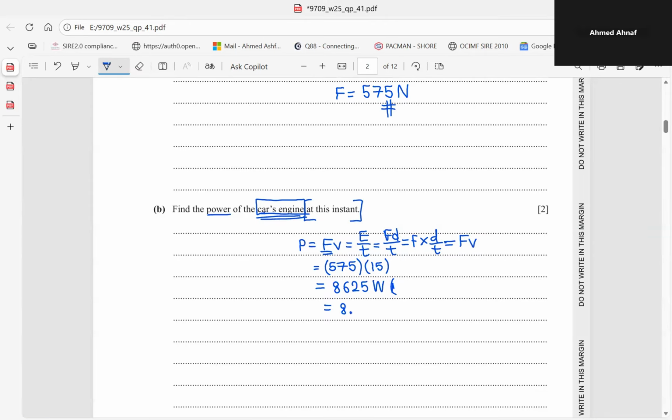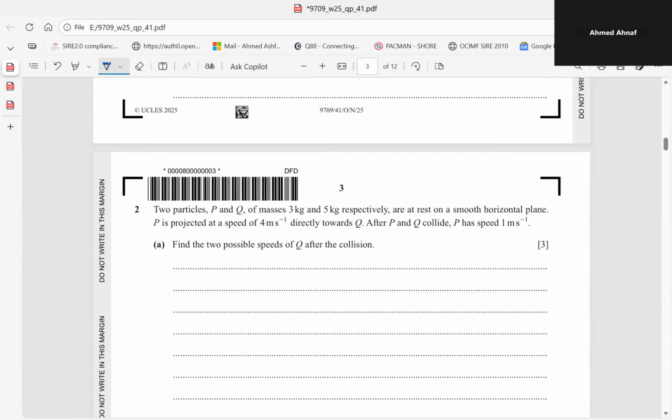So in kilowatts it is 8.625 kilowatts. So these would be our final answers for this part as well as the entire question. Let's move on to the next question.